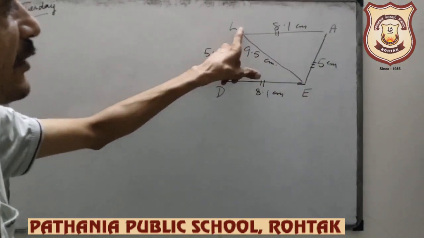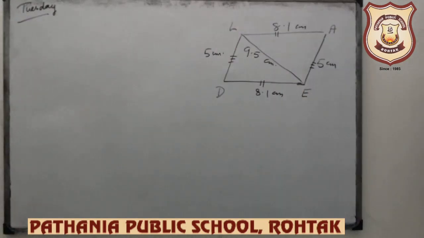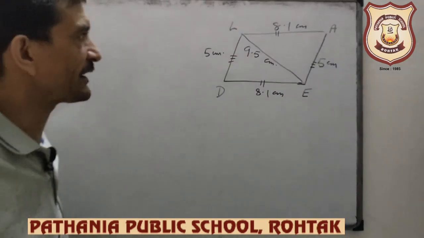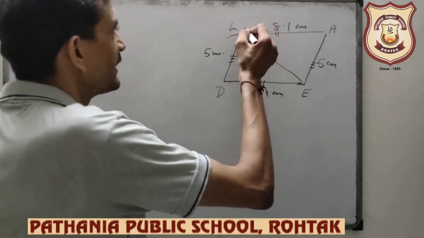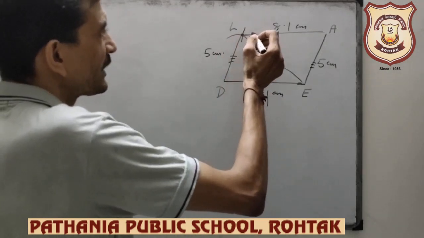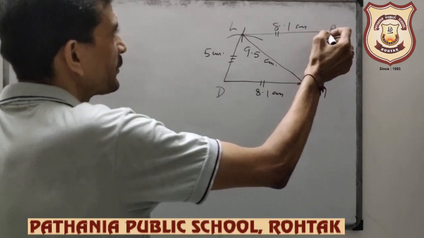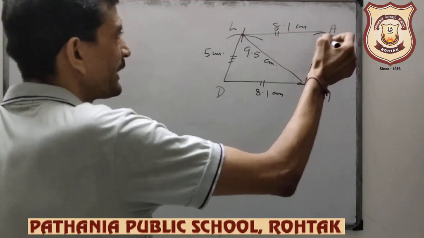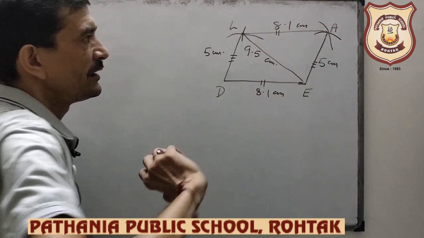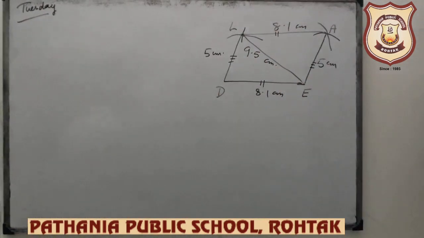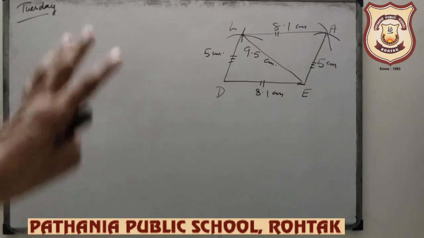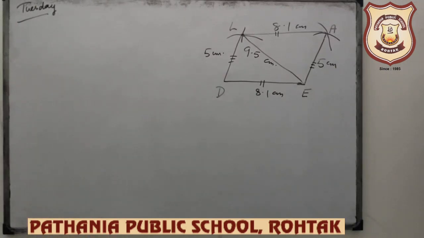Now E as center, open the compass equal to 9.5 and put an arc which intersects the first arc at L. Now open the compass to 8.1 and put an arc. Now join all these. This is your parallelogram. Is it clear? Steps of construction are not required in this question, no need to write on the board. Otherwise, you should write on the board.